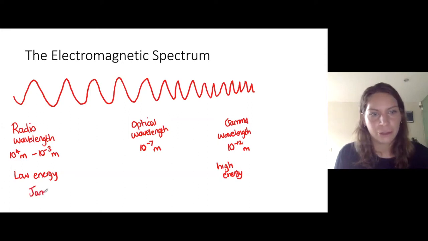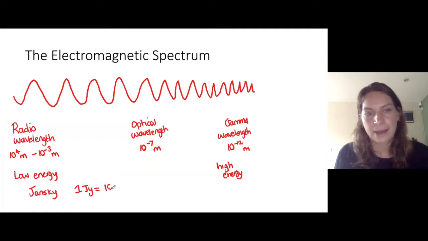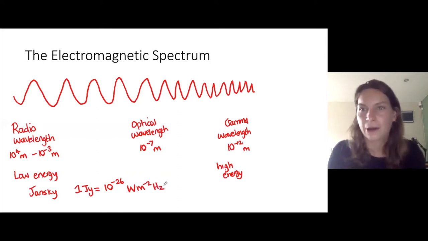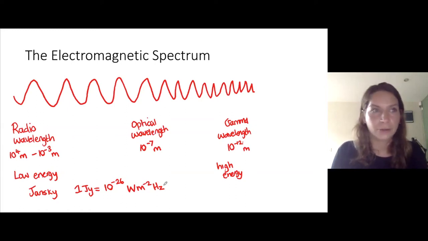So I'm introducing you to a new unit where 1 Jansky, which we denote by Jy, is about 10 to the power of minus 26 of the usual units for intensity we would use. So divide most things by 10 to the power of minus 26, and we're talking about the kind of intensities of these radio signals.